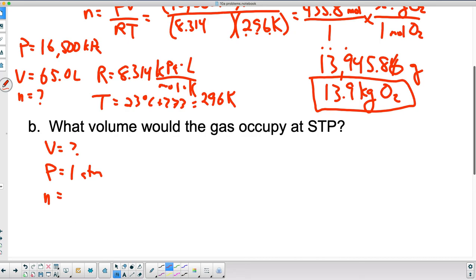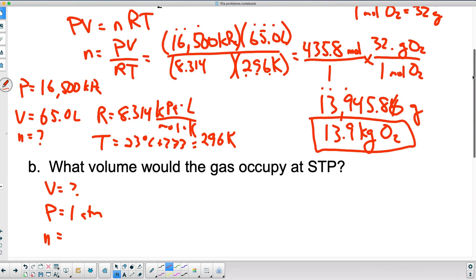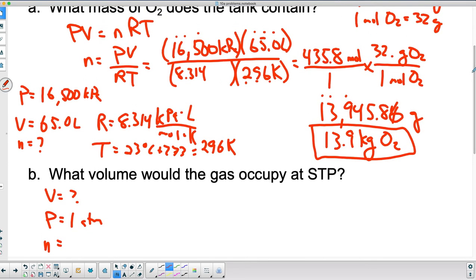The number of moles, I go back to my number of moles. Let me just find out here by dividing by 32 on my calculator. So the number of moles there is 435.8 moles.